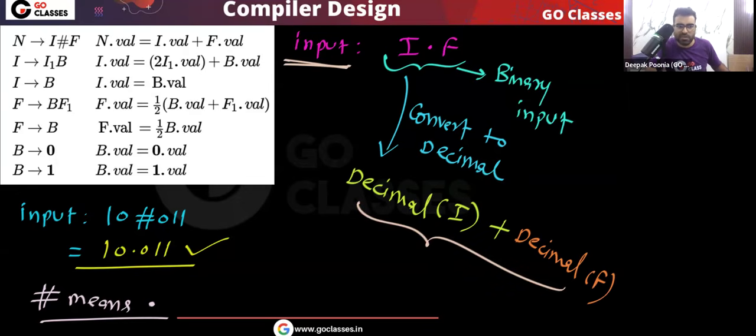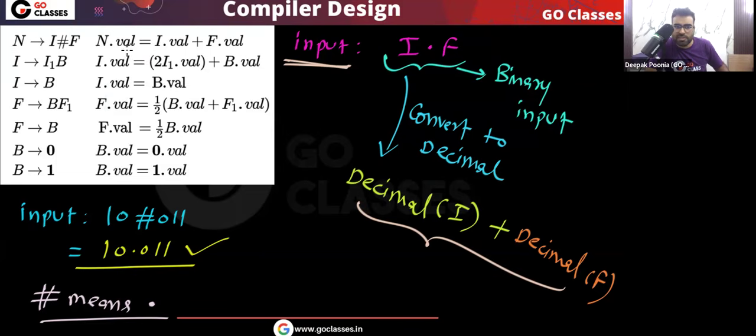You can notice the same thing we are doing here. You can see N dot val. What is N? N is I dot F. So what will N dot val be? This val represents the decimal value.